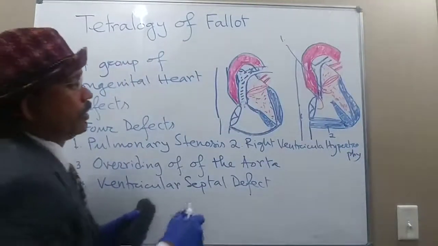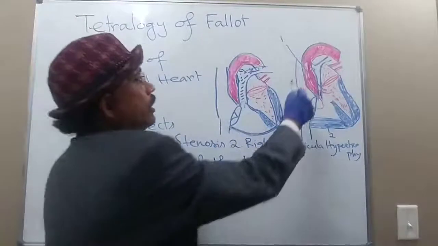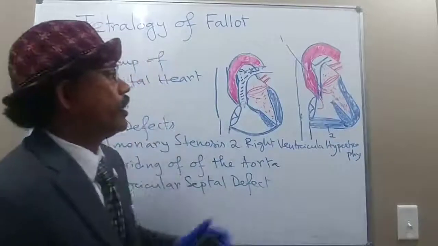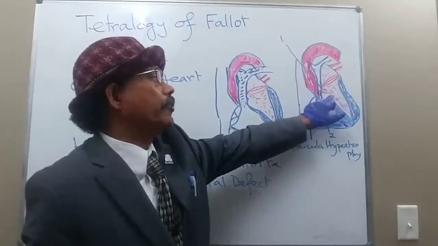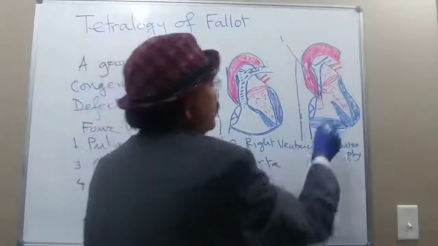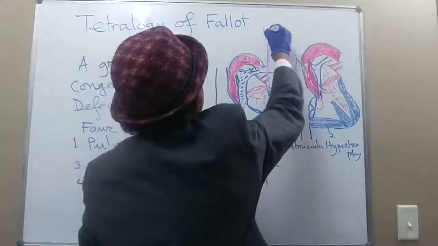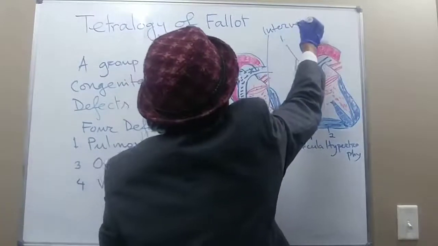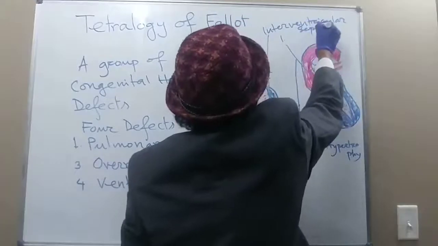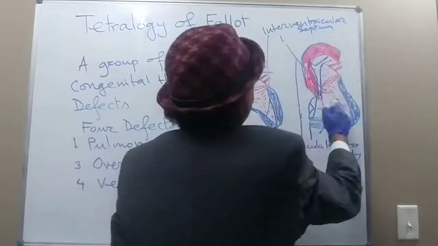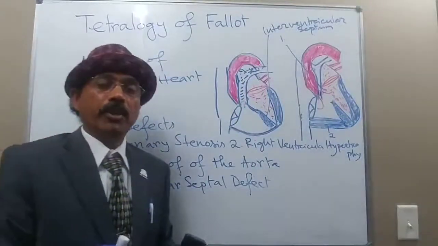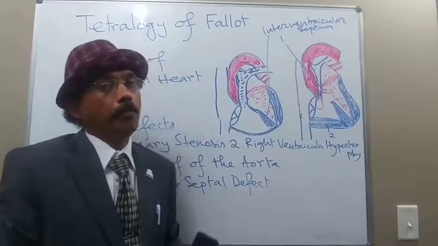Overriding of the aorta. The aorta is large here, and it is overriding over the ventricular septal defect. This is the interventricular septum. There is a defect in the interventricular septum, especially the upper, membranous part.